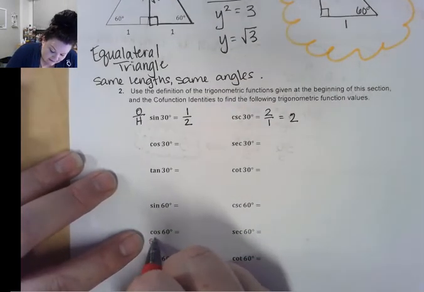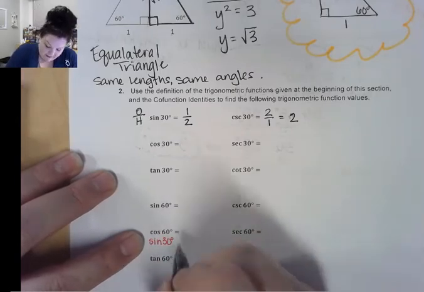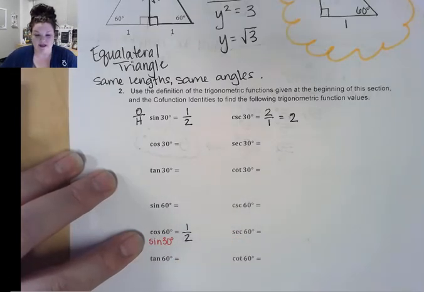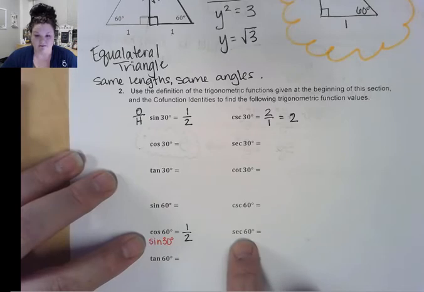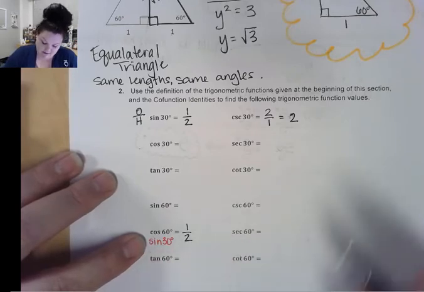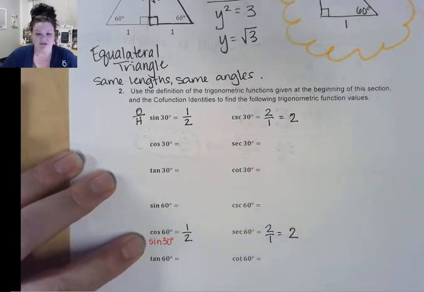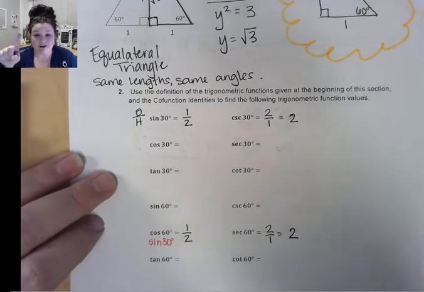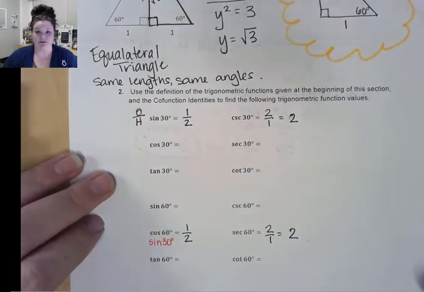I know this is the same thing as the sine of 30 degrees, so I can label that as 1/2. Then I should be able to find its inverse by just flipping it. The secant, which is the inverse here, would give me 2/1, which again is just 2. So just by figuring out one trig function, I was able to find 4 of the values I'm looking for.